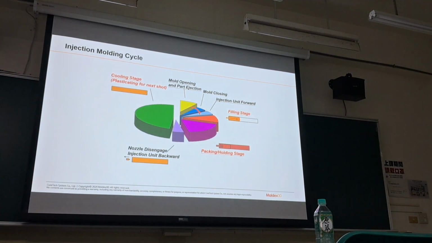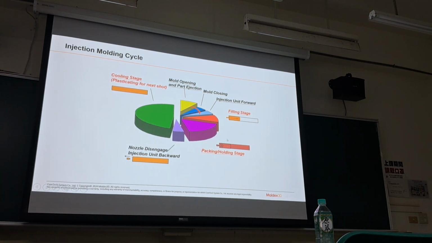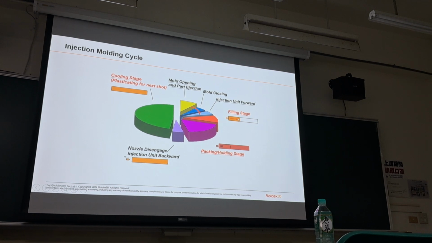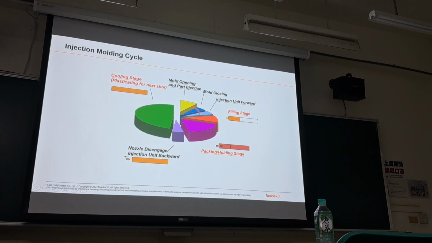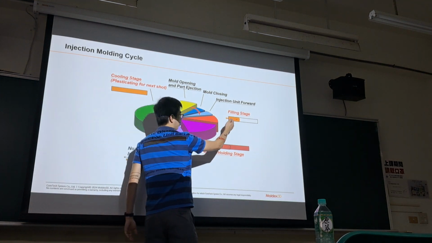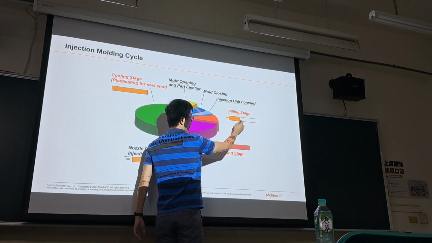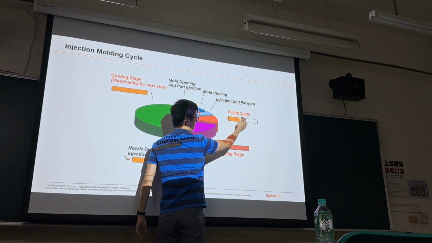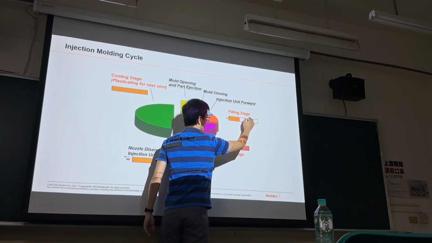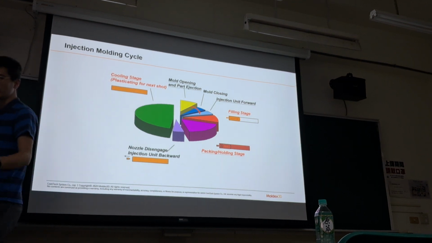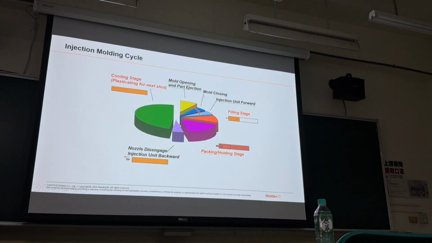For this stage, we call this the feeding stage. So you can think about the melt moving forward, and after a small time, it advances a little bit forward and continuously fills the mold. So this stage is called the feeding stage.